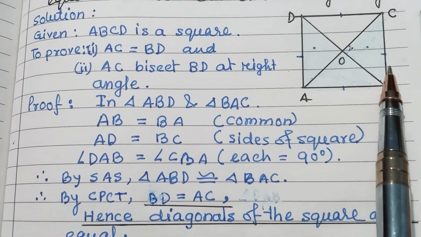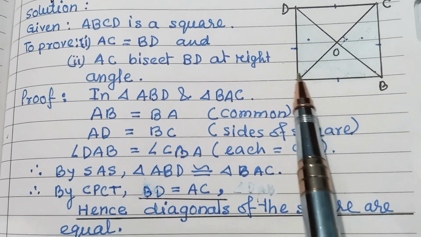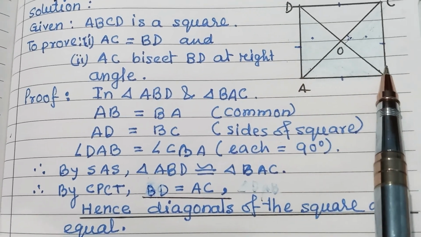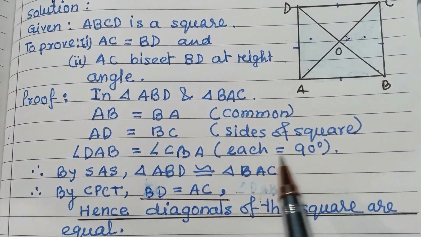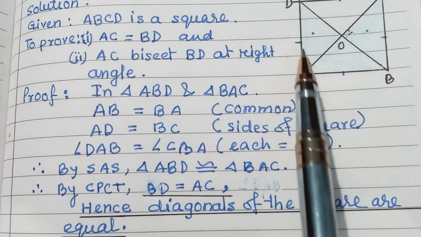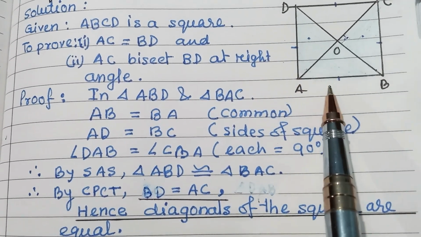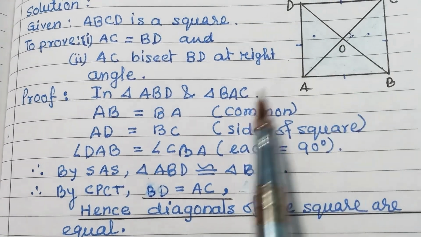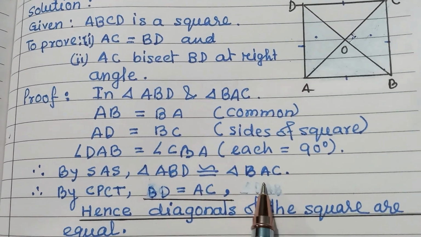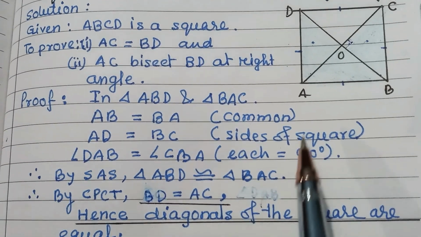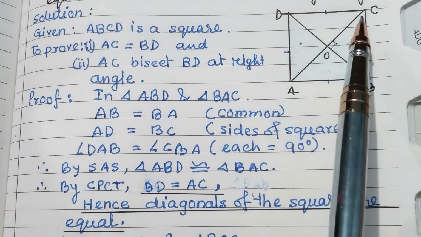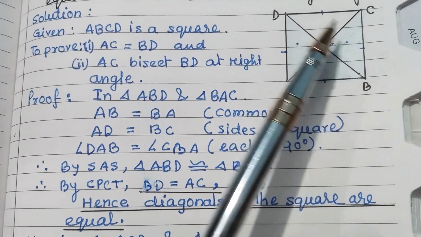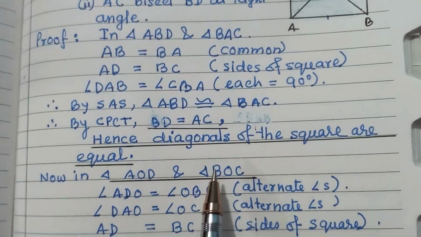And angle DAB, this angle A is equal to angle B, as it is a square, so all angles are 90 degrees. So by side angle side congruency rule, these two triangles are congruent. As they are congruent, by CPCT, BD is equal to AC. These two diagonals are equal. First point we proved.